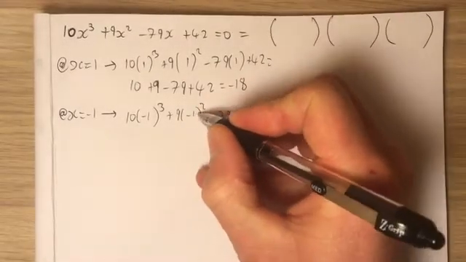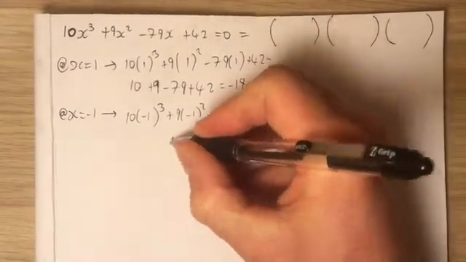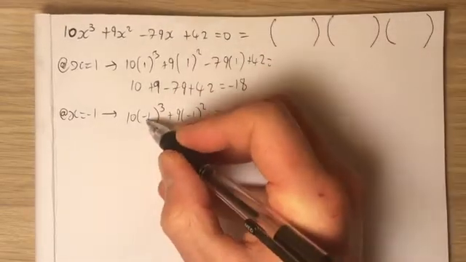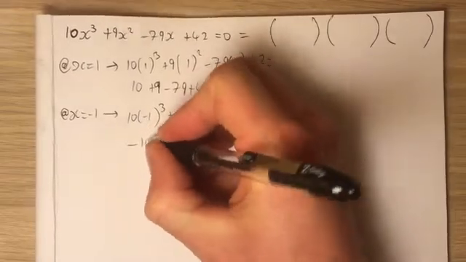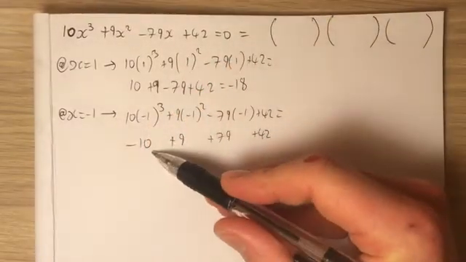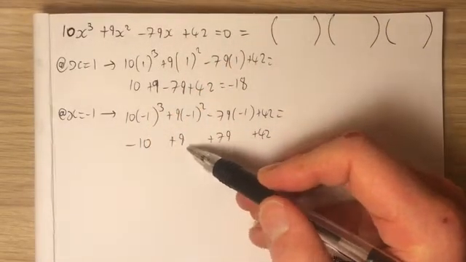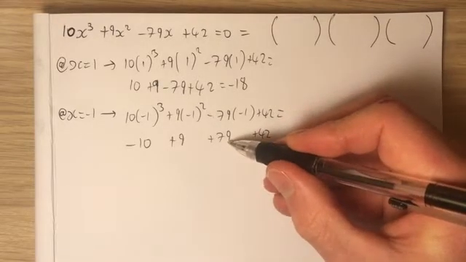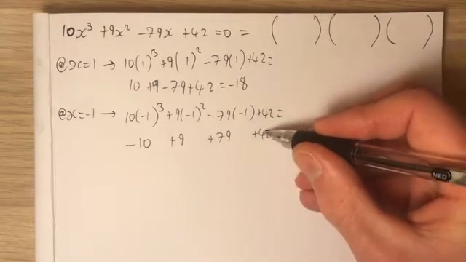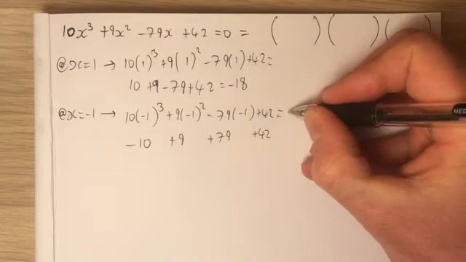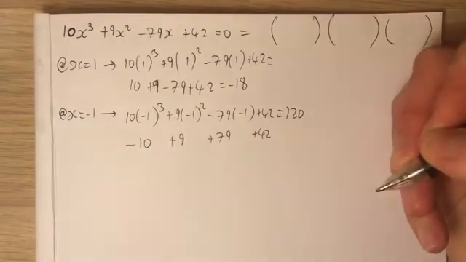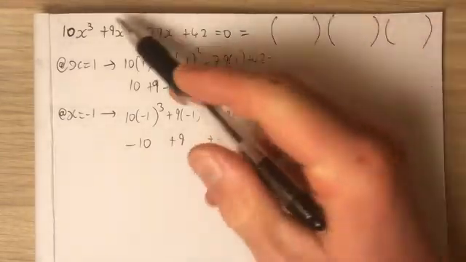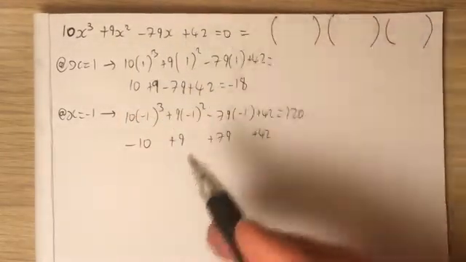Negative times a negative, because it's squared, is a positive 9. Negative times a negative times a negative is going to be negative 10. So negative 10, positive 9, positive 79, plus 42, so it's going to be like 120 remainder. That's no good. I'm looking for something that I put in and I get 0.